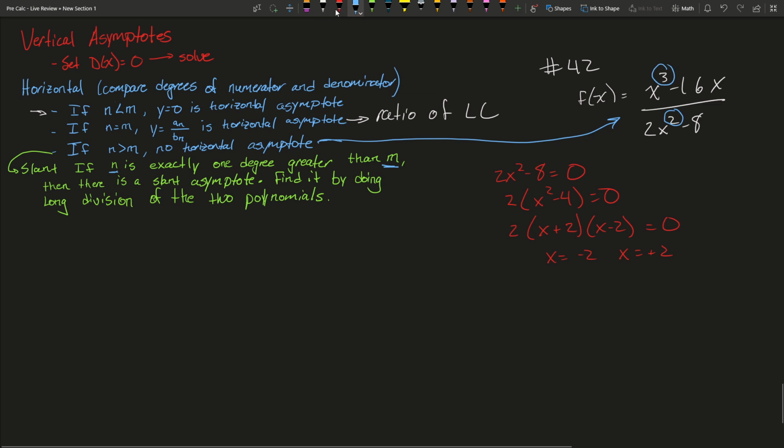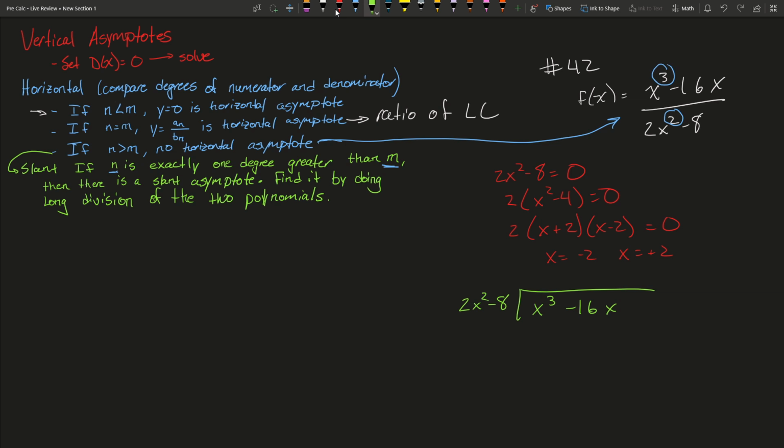So then we need to find that. In order to do that, we carry out long division. Okay, so then we ask ourselves how many times 2x squared go into x cubed.